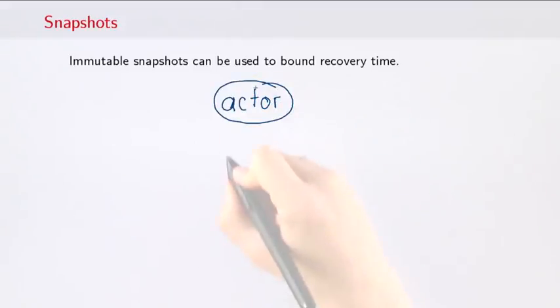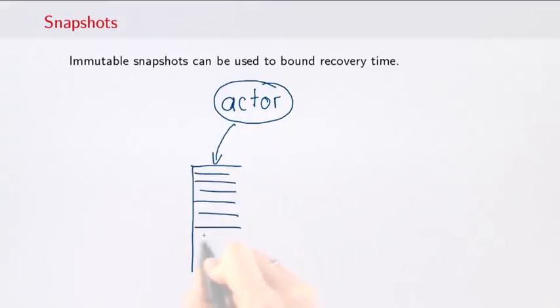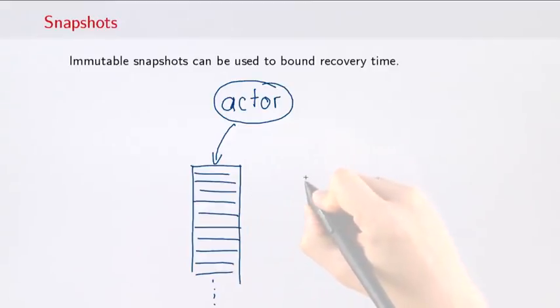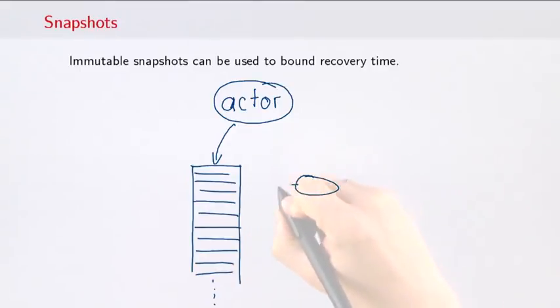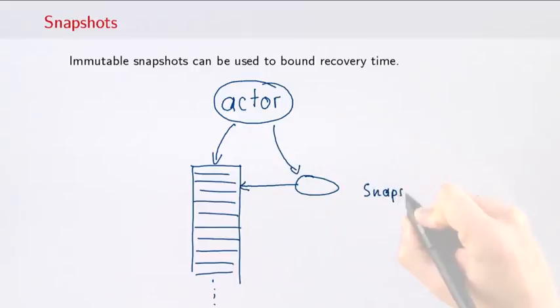So we have again our actor producing the stream of changes. And then to the side, there are snapshots, which it tags. At this state, when I processed that event, that was my state.